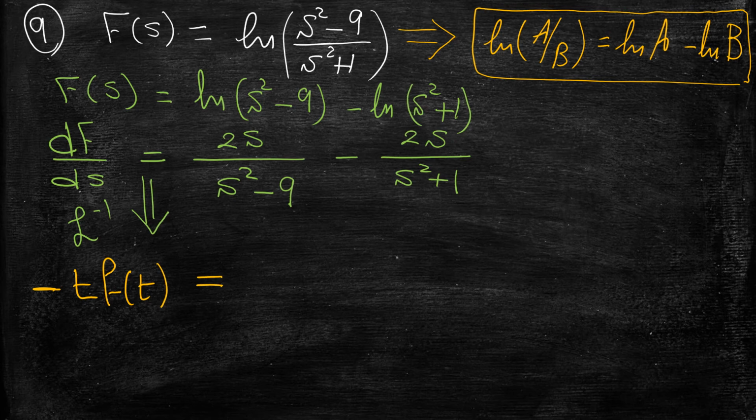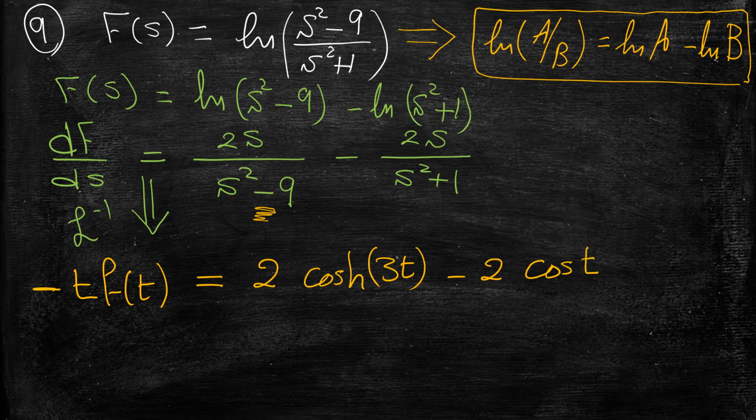This 2s over s squared minus 9 is nothing but one of the hyperbolic functions. It's from the table. It's very close to the formulas of sine and cosine, but instead of a plus sign, it has a minus sign. So this is the hyperbolic cosine for 3t, and the other part is 2, which is cosine t.